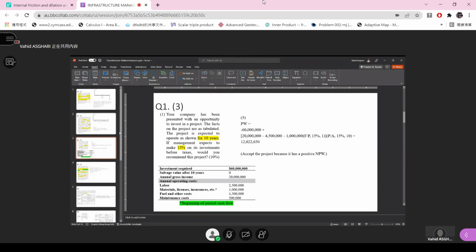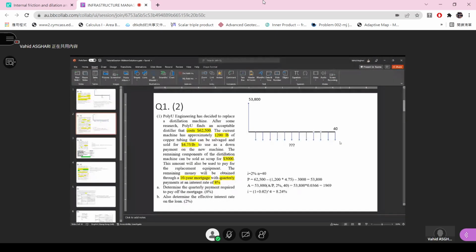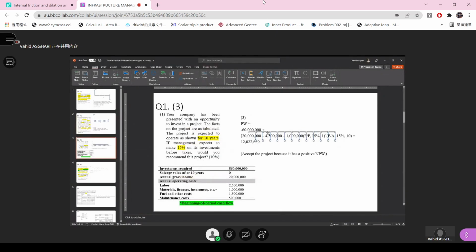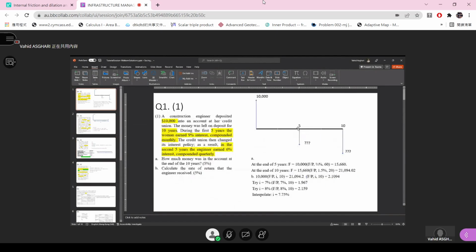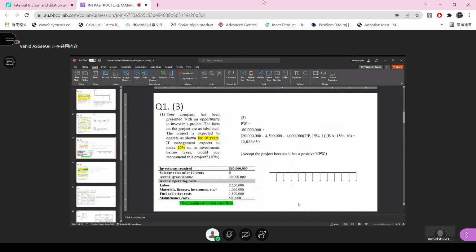Let me draw something here. So this is the time zero.